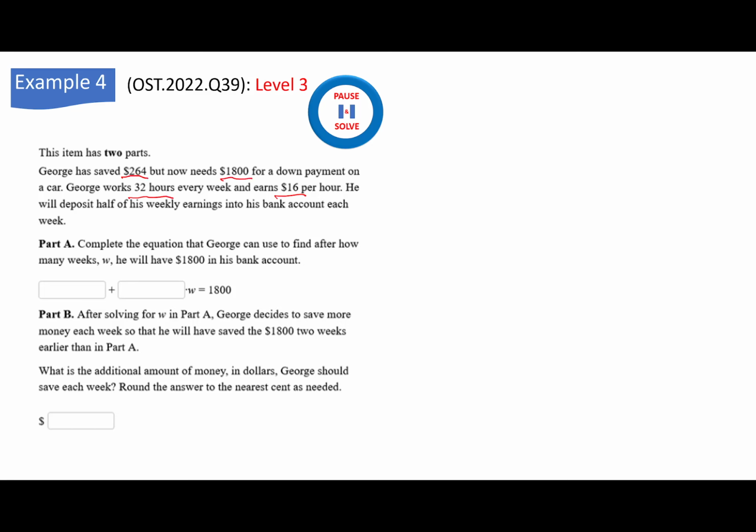He will deposit half, remember, read the question carefully, half of his weekly earnings into his bank account. For A, complete the equation that George can use to find after how many weeks, W, he will save $1,800.